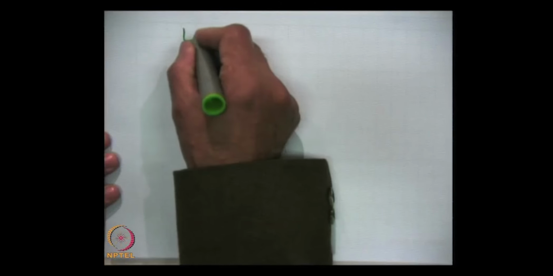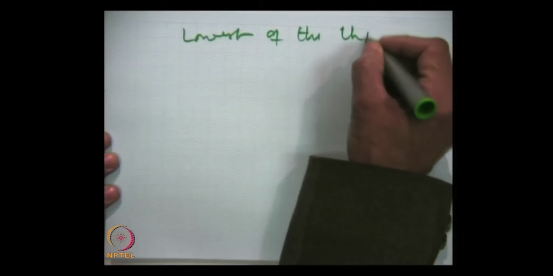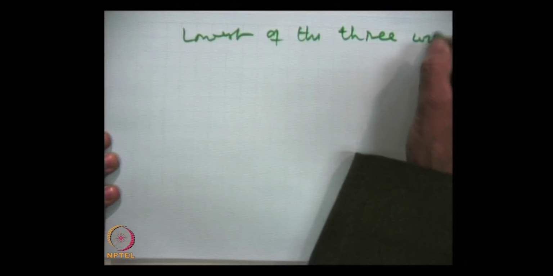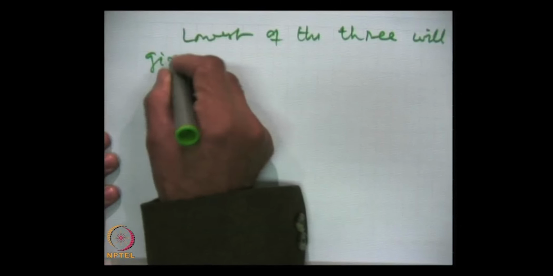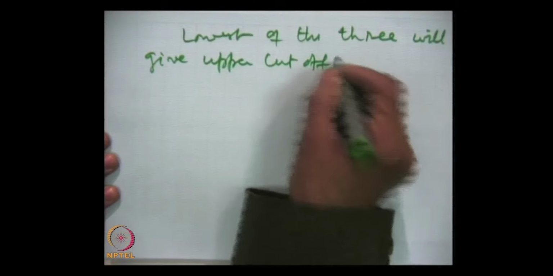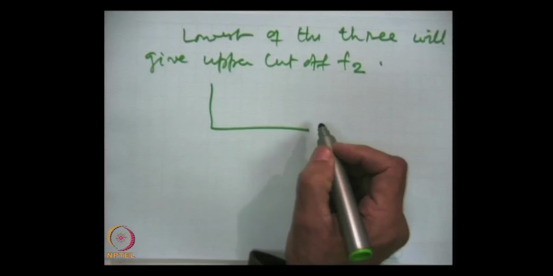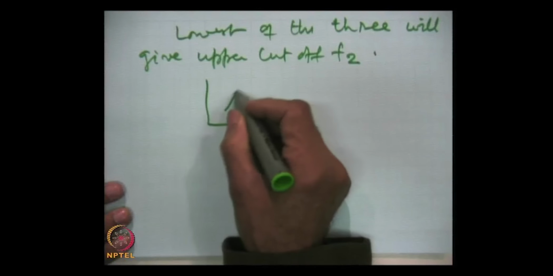So, for the lower cutoff, the highest one gives F1; here, the lowest of the 3 will give the upper cutoff.